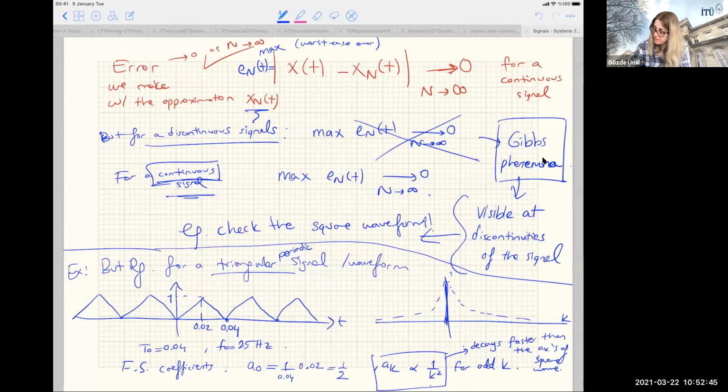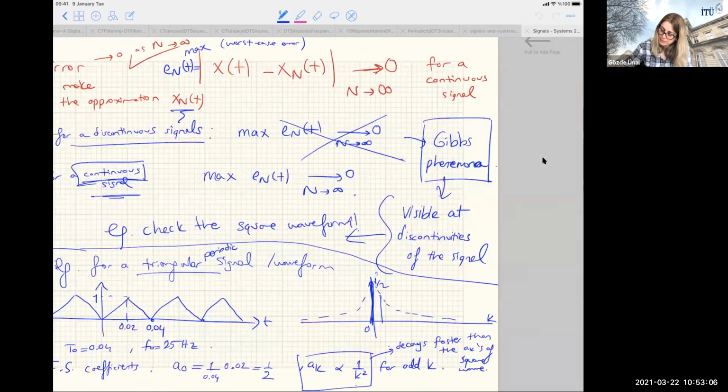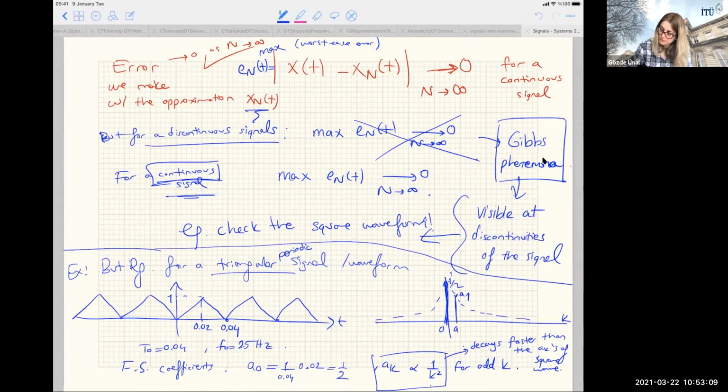And then we will have odd k this time, and we also had odd k for the square wave. There, k odd decayed with 1 over k, but now it decays with 1 over k square. So it will be like A1 here, with k equals 1, then k equals 3, k equals 5. This is A3, A5.